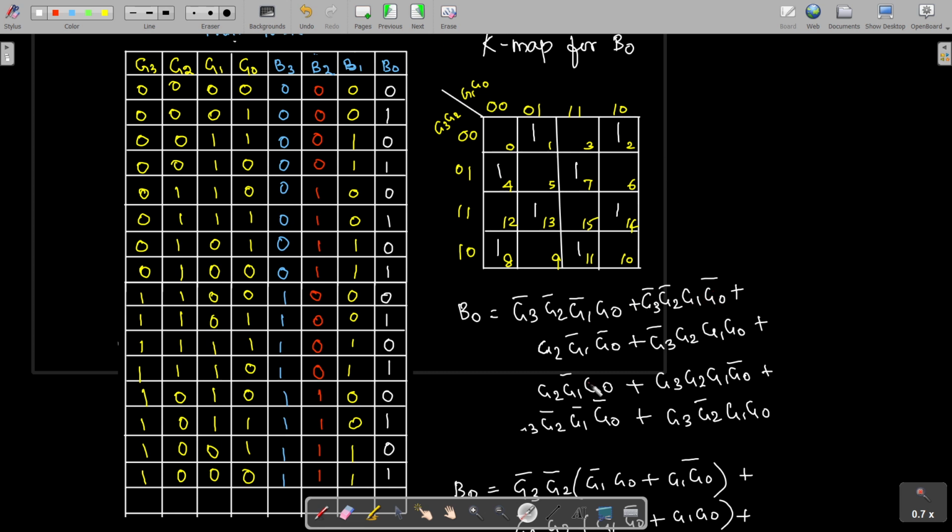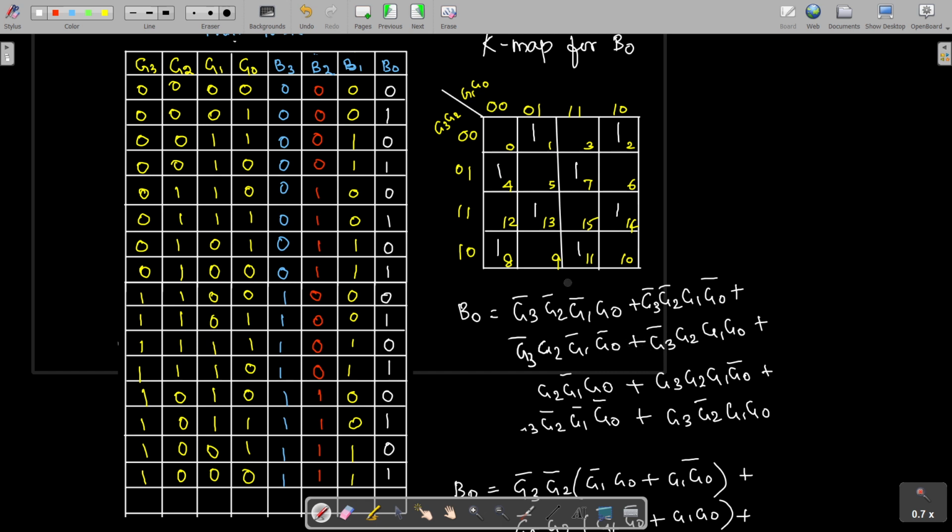Then if you look at this, that corresponds to G3 bar, G2, G1 bar, G0 bar, so here it is G3 bar, G2, then here it is G1 bar, G0 bar.